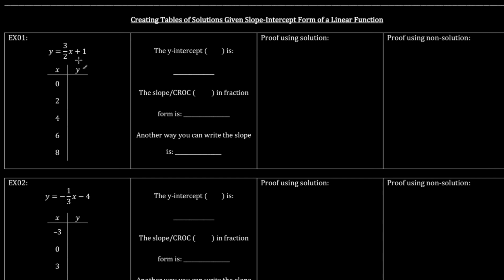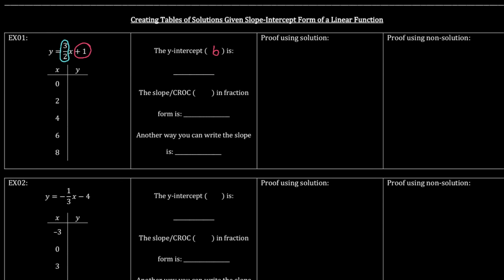So the first thing we need to do is label the y-intercept and the slope. Here is our slope, and here is our y-intercept, which is b.